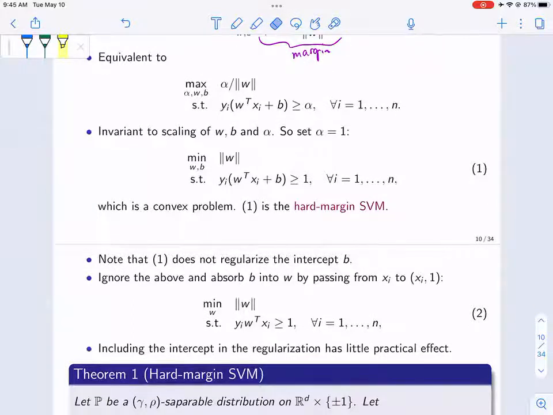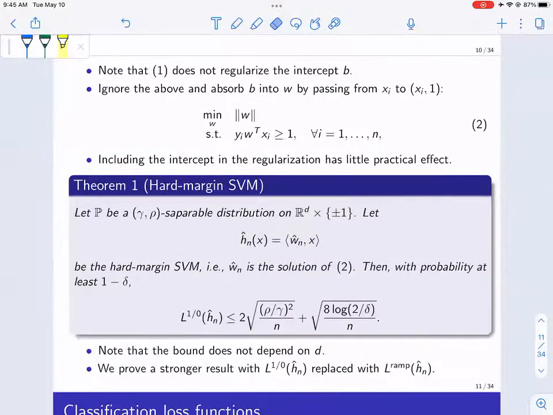So instead of maximizing 1 over the norm of W, we can just minimize the norm of W subject to this, and this is the hard margin, or hard SVM. For simplicity, we often again assume B is 0, and so we're going to look at this simple form of the hard-margin SVM.